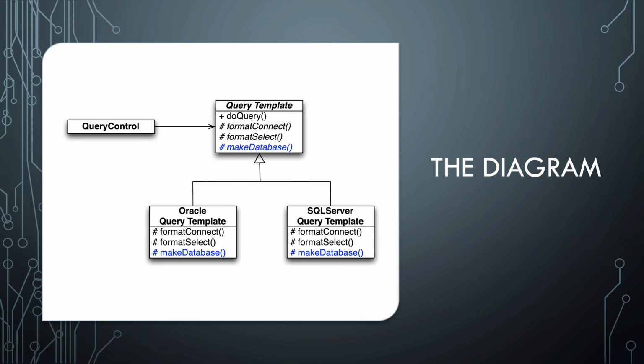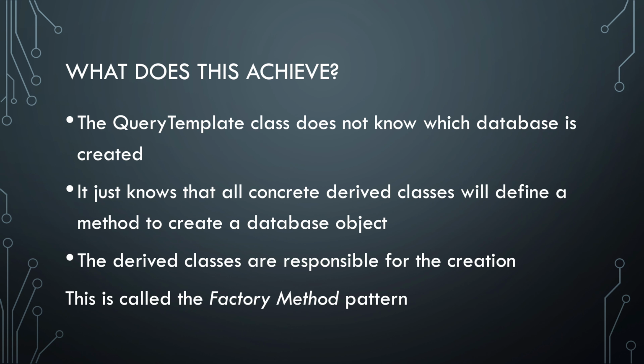So, you can add another method called makeDatabase that does this. Now, the QueryTemplate class doesn't know which database is created. It just knows that the concrete subclasses will have a method that creates an appropriate database.